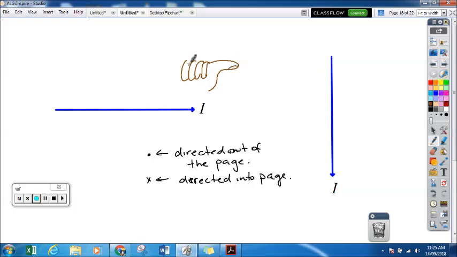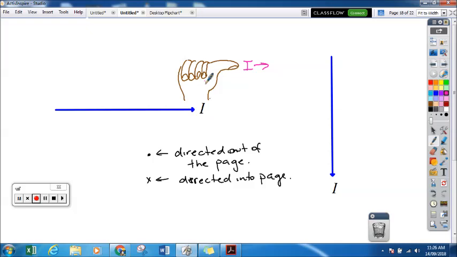There's your fingernails. Now your thumb points in the direction of the current, and your fingers wrap in the direction of the magnetic field.